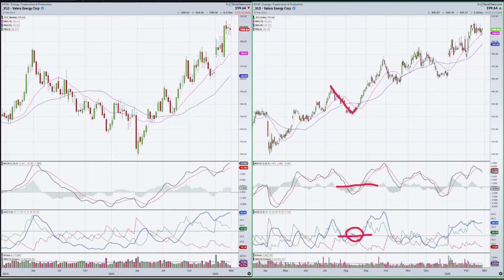Now, one of the things I will say is that generally speaking, so this went up and kind of consolidated here, and then it started up again, and then it consolidated a little bit with an inside bar, and then we got the trigger bar, right, crossing above here. Now, and closing above the 40, right?